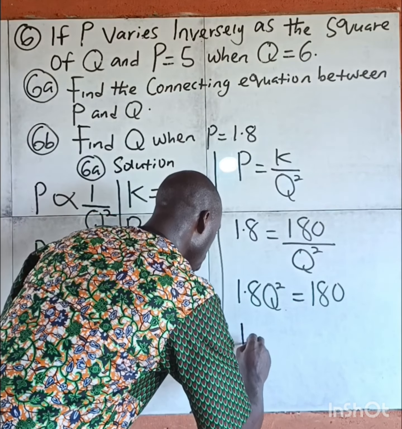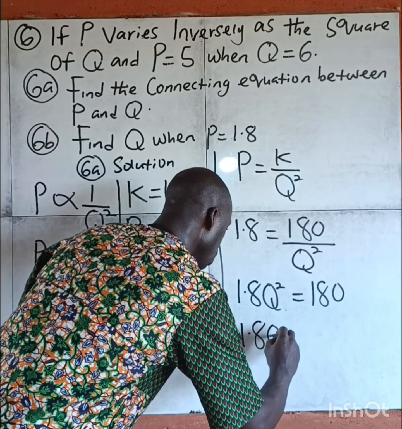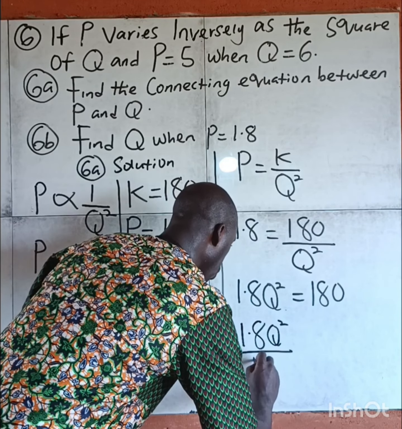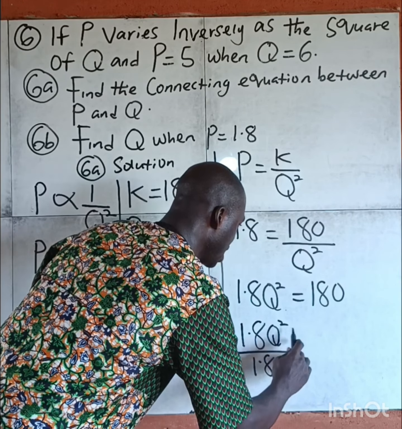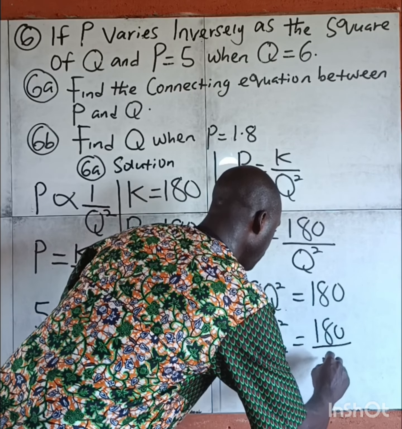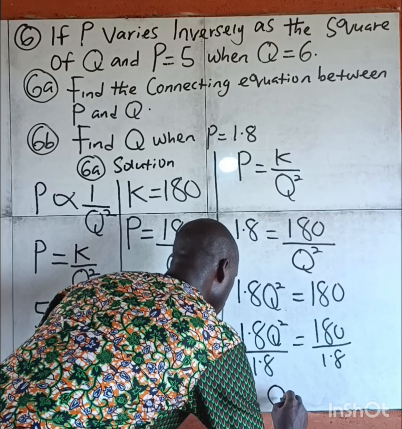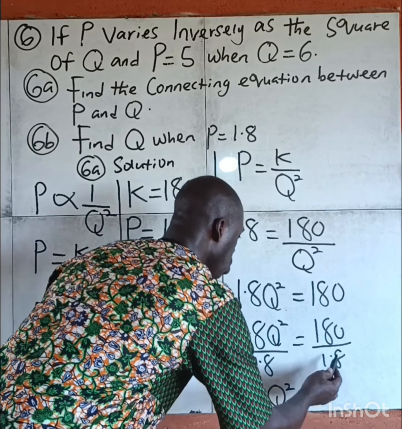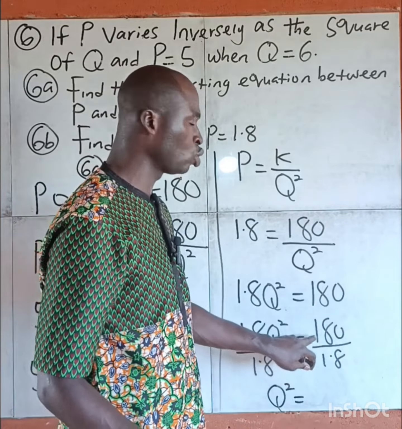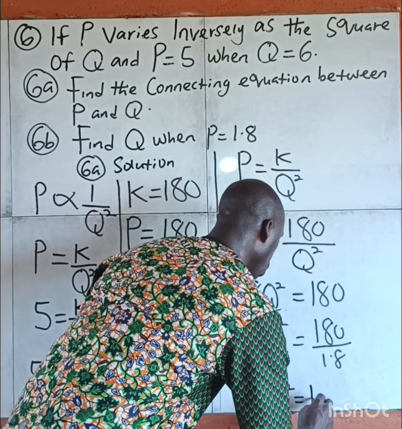So we'll say 1.8 Q squared divided by 1.8, and 180 divided by 1.8. If we do that, we are going to have Q squared is equal to 100, since 1.8 goes into 180 a hundred times.